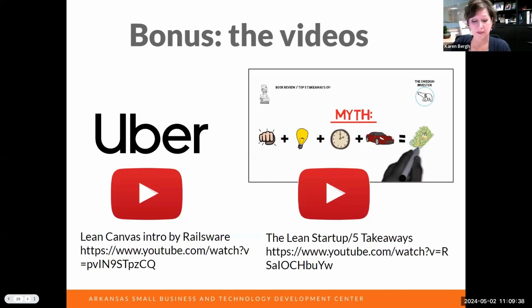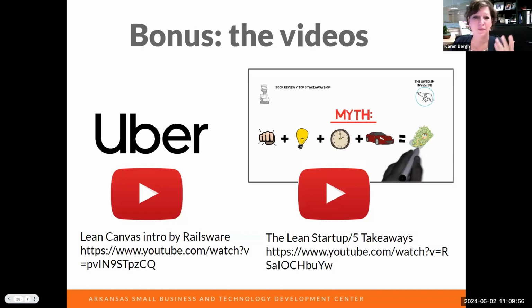The Lean Canvas one on the left uses Uber, and it was a little creepy to me when I first started listening to it, because it's only 8 minutes, but it's one of those voices where the narrator almost sounds like an artificial bot or something.